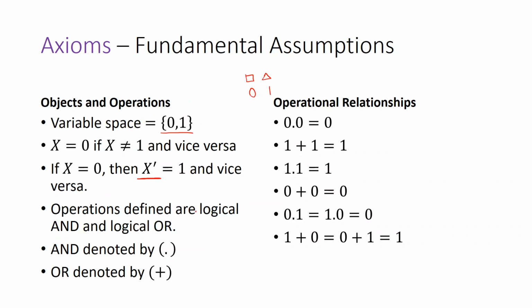Operations defined here are logical AND and logical OR. They are not addition, subtraction, multiplication, division. They are logical AND and logical OR. Suppose we have two Boolean variables x and y, and we wish to do an AND operation, we have to write like this.